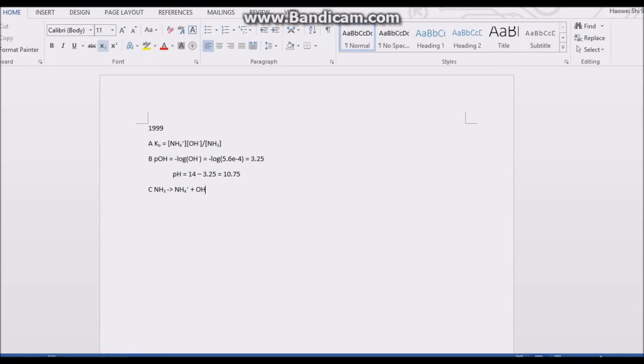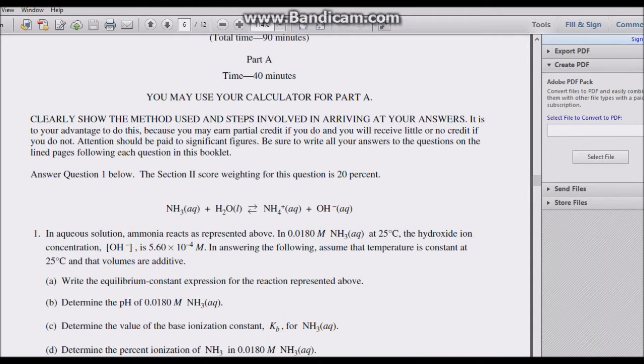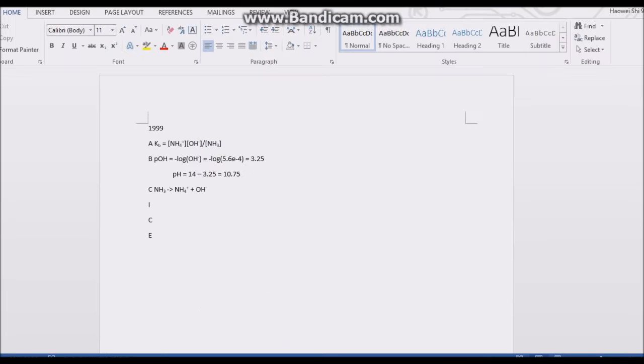So I, C, E. The initial value for NH3 should be 0.0180 molar.